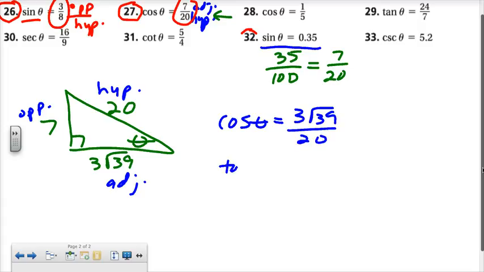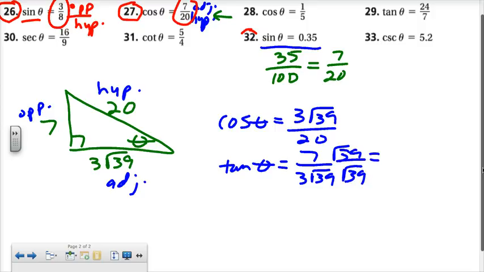Then tangent of theta, opposite over adjacent, 7 over 3 square roots of 39. Well, again, we can quickly rationalize the denominator, or you can just go back to your work from number 27 and see where we had to do this one. So 7 square roots of 39 over 3 times 39, which is 117.